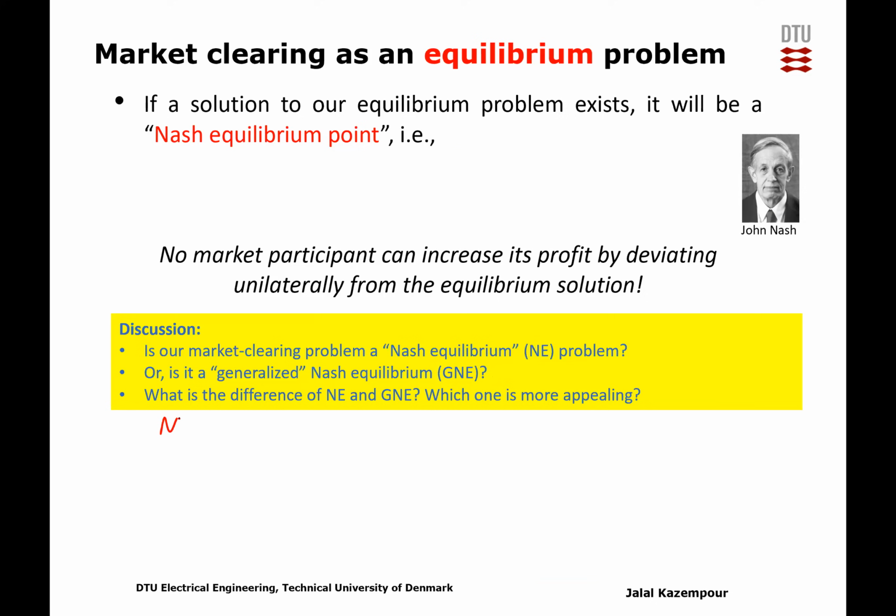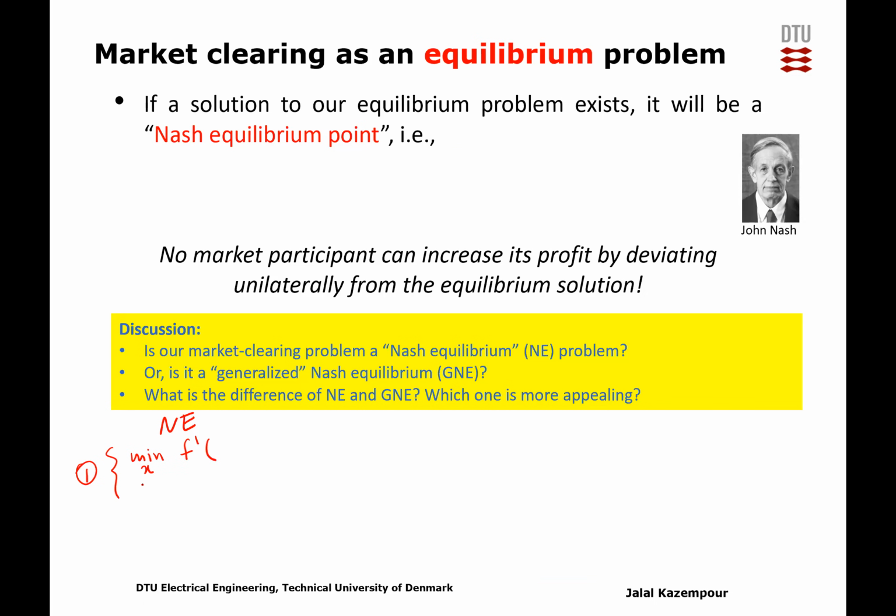Okay, let me first talk about Nash equilibrium. Let's say we have 2 players, only 2 players. Yes, Jan and Drake gave the right answers, but let me explain. Assume that we have 2 players. Player 1 minimizes, to be in the canonical form, its own function.